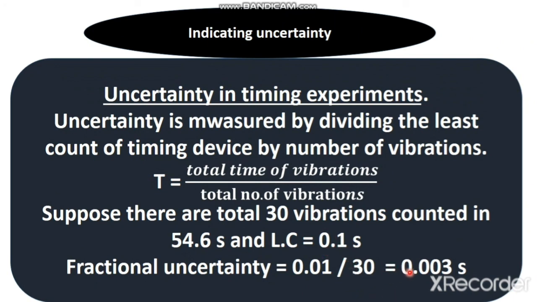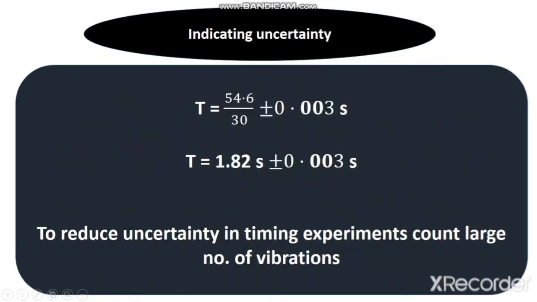So fractional uncertainty is 0.003 second and time period is measured as the total time for vibration divided by number of vibrations, 54.6 divided by 30 plus minus uncertainty 0.003. 54.6 divided by 30 is 1.82 second plus minus 0.003. So this is the final uncertainty in the value of time period of the simple pendulum.